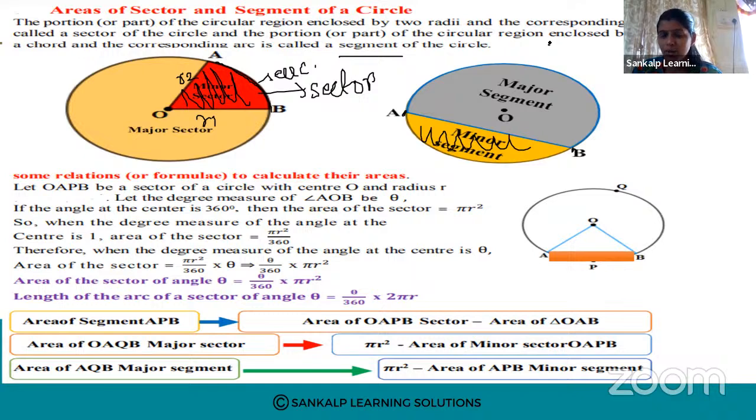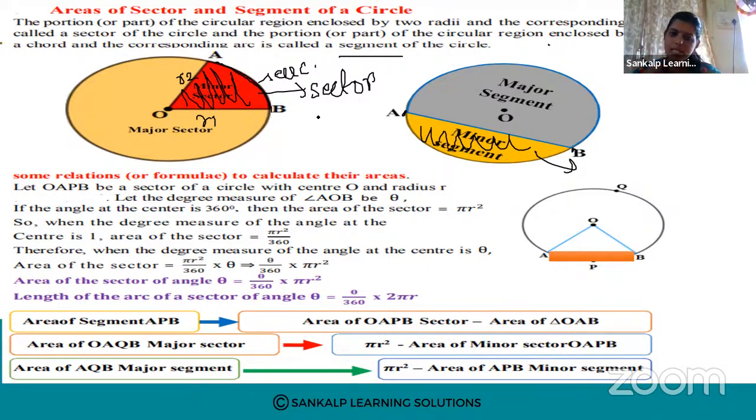The area enclosed between the chord and the corresponding arc, this part we call a segment. If the segment is small, it is called a minor segment. If the segment is big, it is called a major segment. Like that, if the area of the sector is small, it is called a minor sector. If the area is big, it is called a major sector, right?